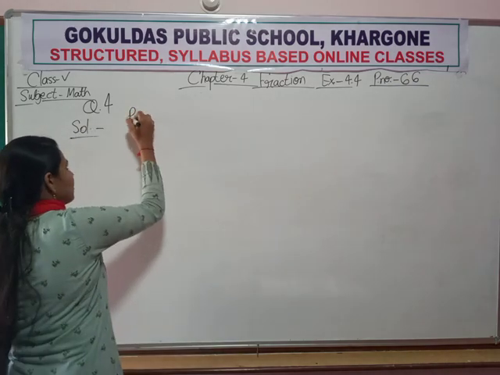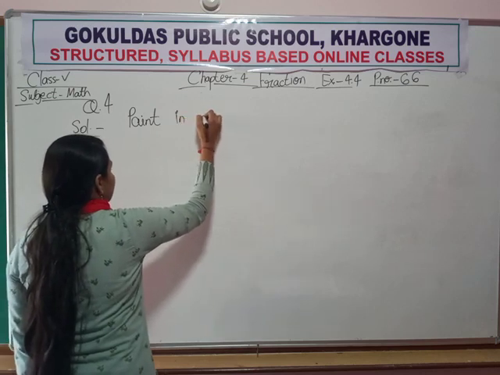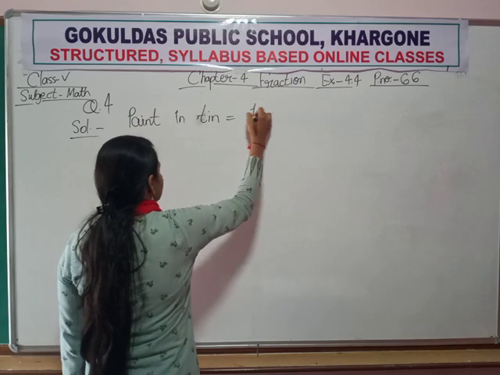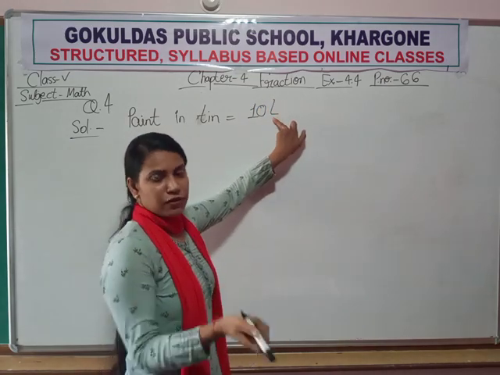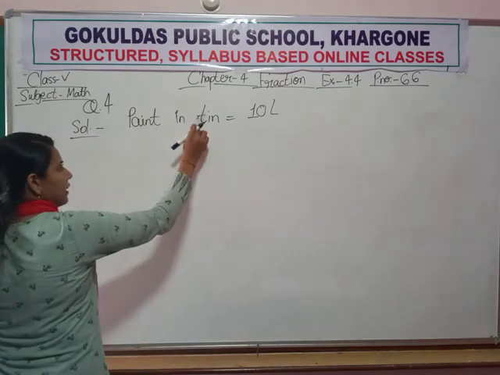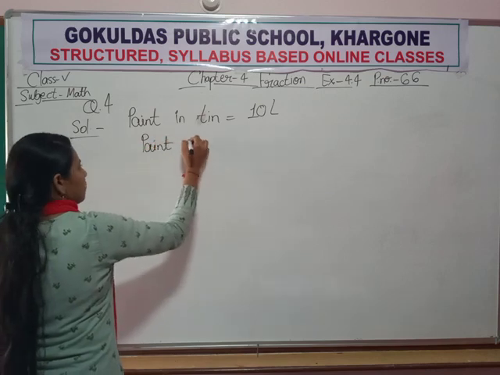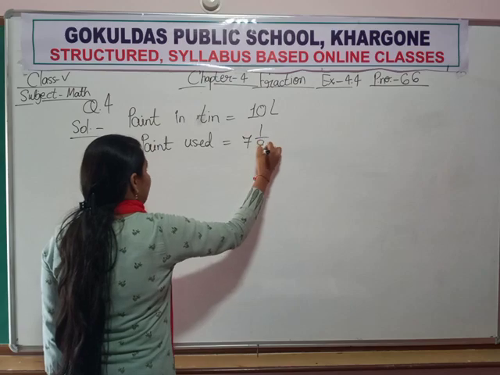So question number 4. Paint available in tin. How much spent? 10 liters. I am denoting liter by capital L. Spent in tin box is 10 liter. Spent, used, is 7 1/8 liter.